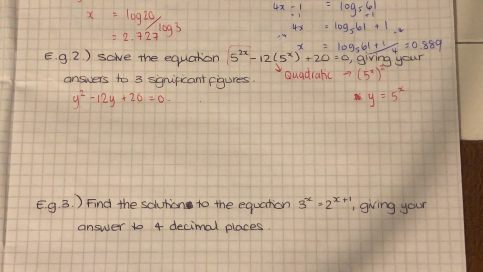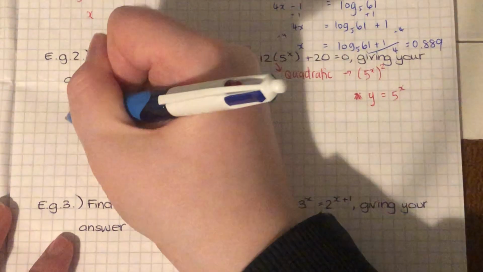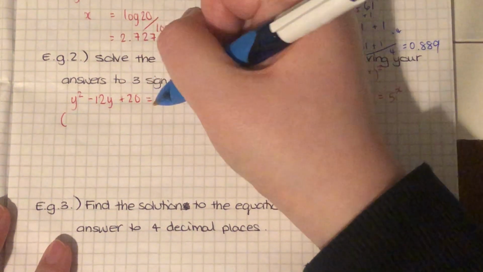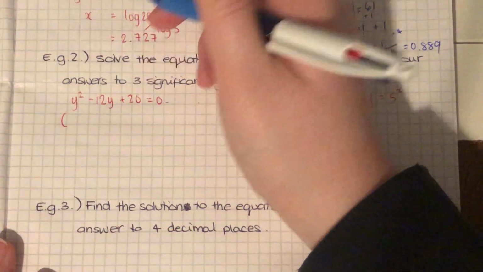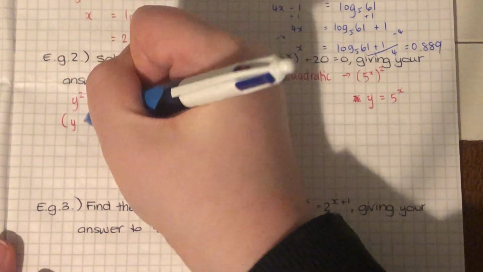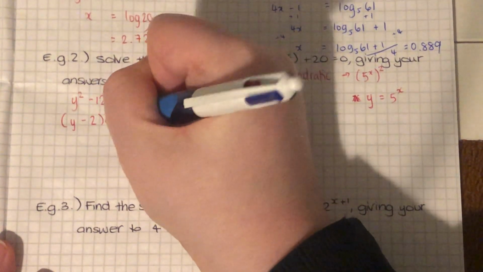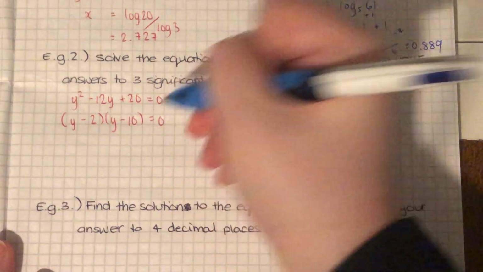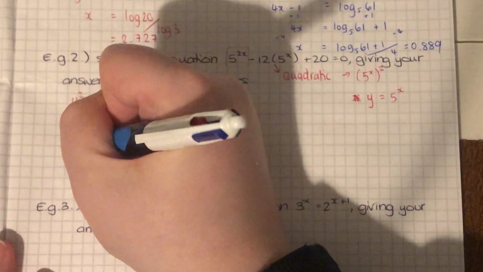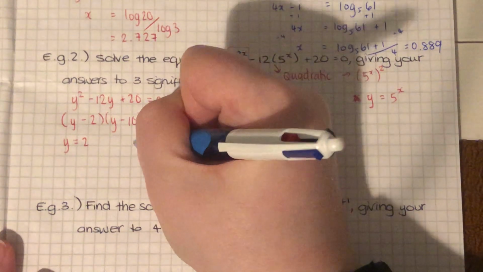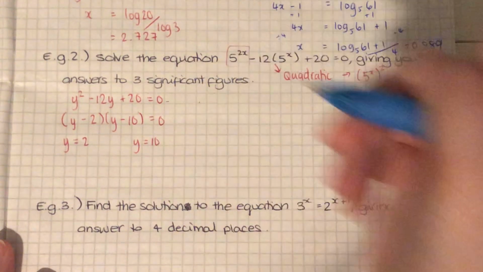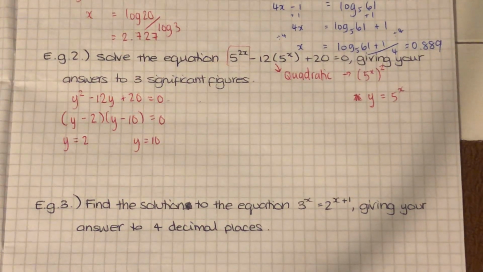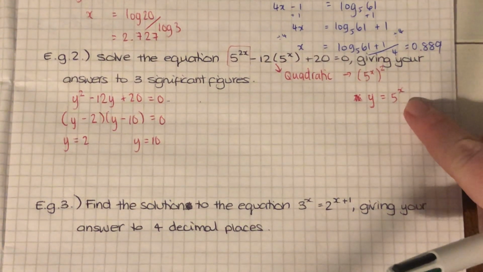Then we factorise it. So 2 numbers that multiply to make positive 20 but add to make minus 12. So that's going to be y minus 2 and y minus 10. So that solves that y is 2 and y is 10. But obviously y isn't y, y is actually this.